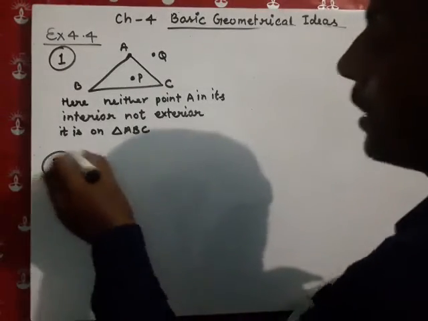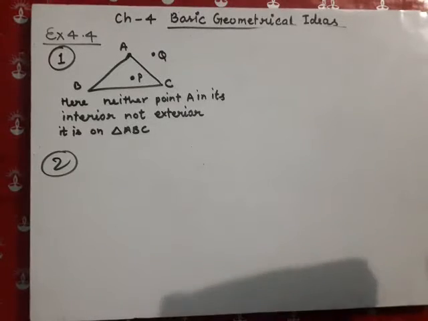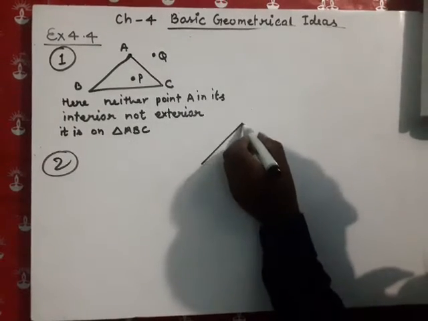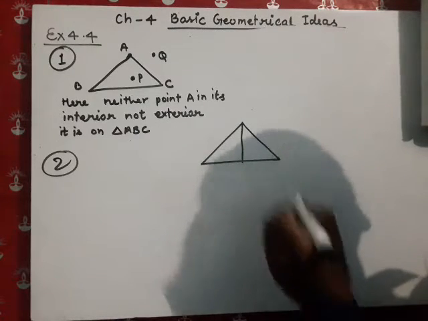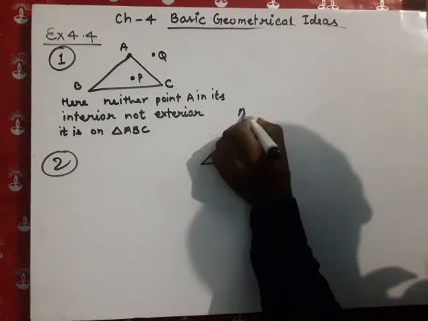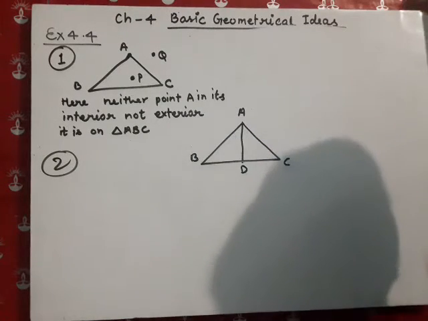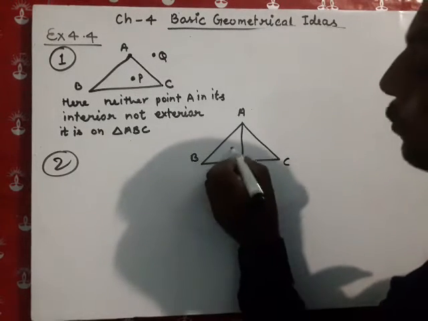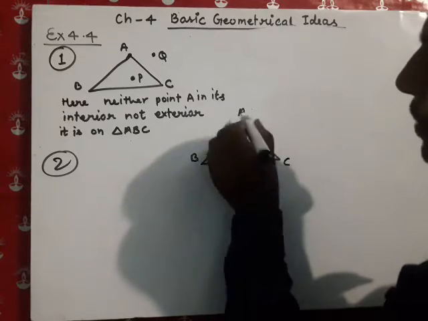Now going to question number 2. Here the question asks to identify the 3 triangles in the given figure. One figure is given, with the names A, B, C and D. We have to write the name of the first triangle, the second triangle, and the third, the bigger one.